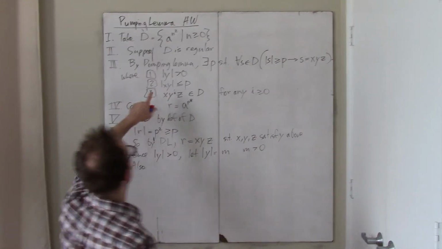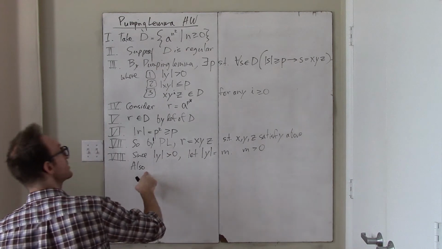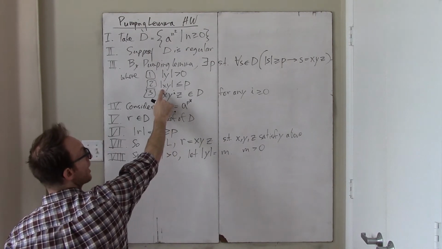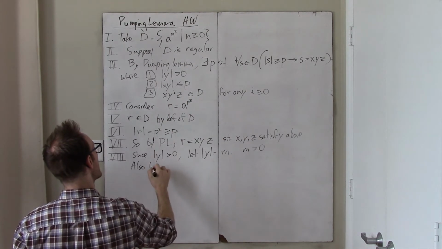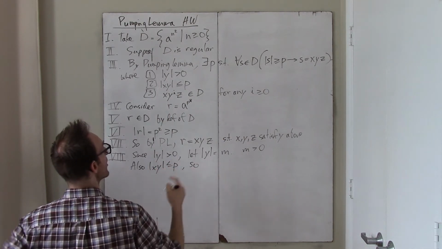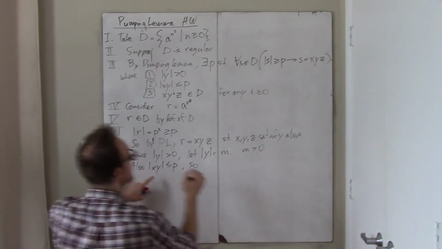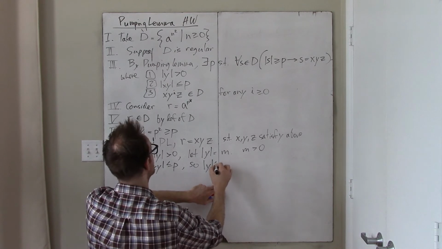Here is where this becomes important. I also know that the lead up to the loop and the loop all happen before p, so also the length of xy is less than or equal to p. If xy is less than or equal to p, then certainly y itself is less than or equal to p.